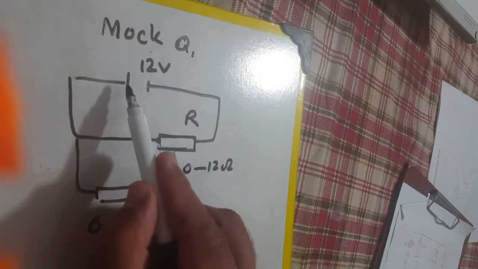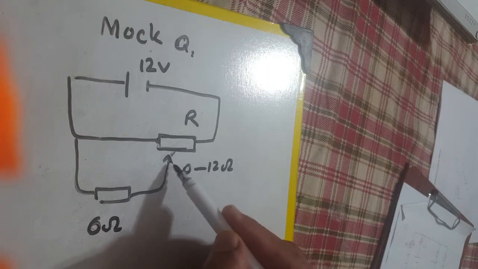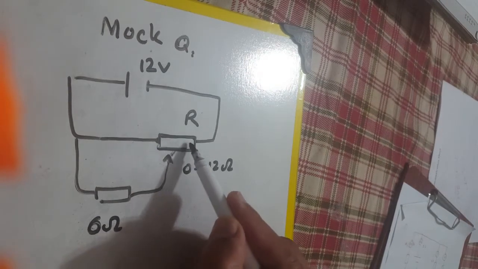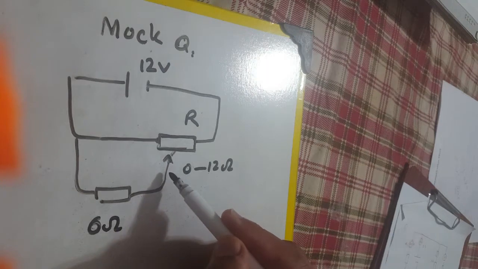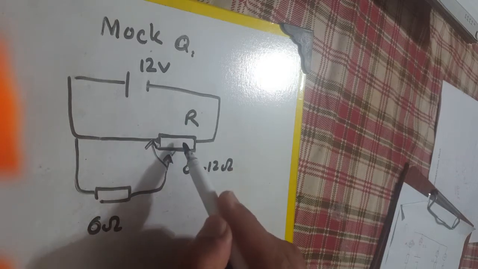Now, there is a circuit which is in a parallel combination but with a movable contact. Make sure that the contact movement decides the portion of the resistance involved. For example, if you place that contact in here, that resistance is not included in here.